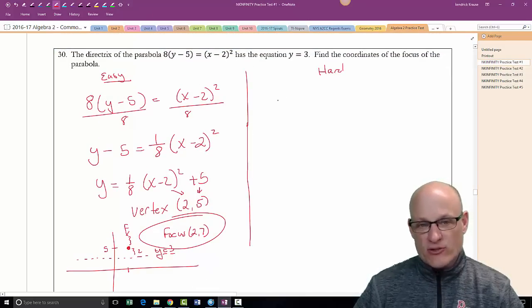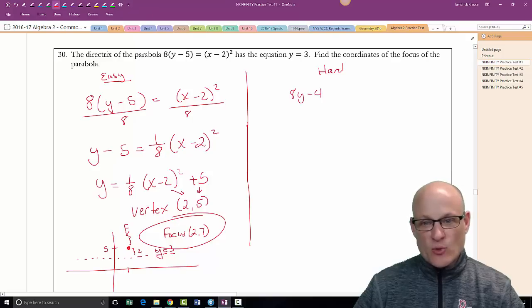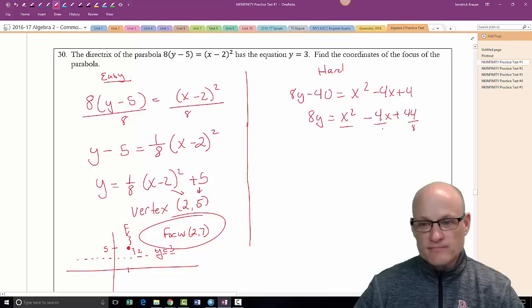Well, I can start by distributing the 8. Let me just do that right away. 8y minus 40 equals, and if I double distribute this out, I get x squared minus 4x plus 4. Bring the 40 over, so I get 8y equals x squared minus 4x plus 44. And then divide everything by 8.